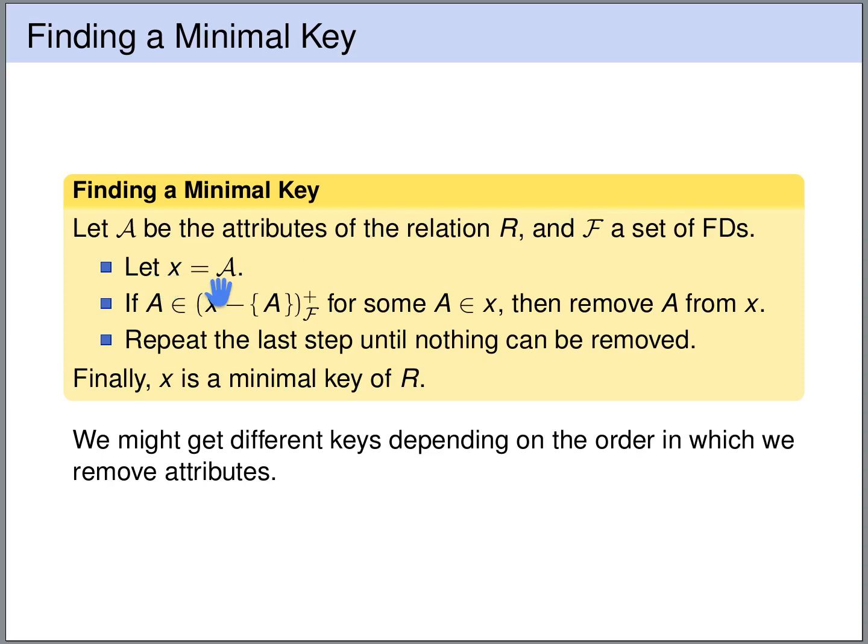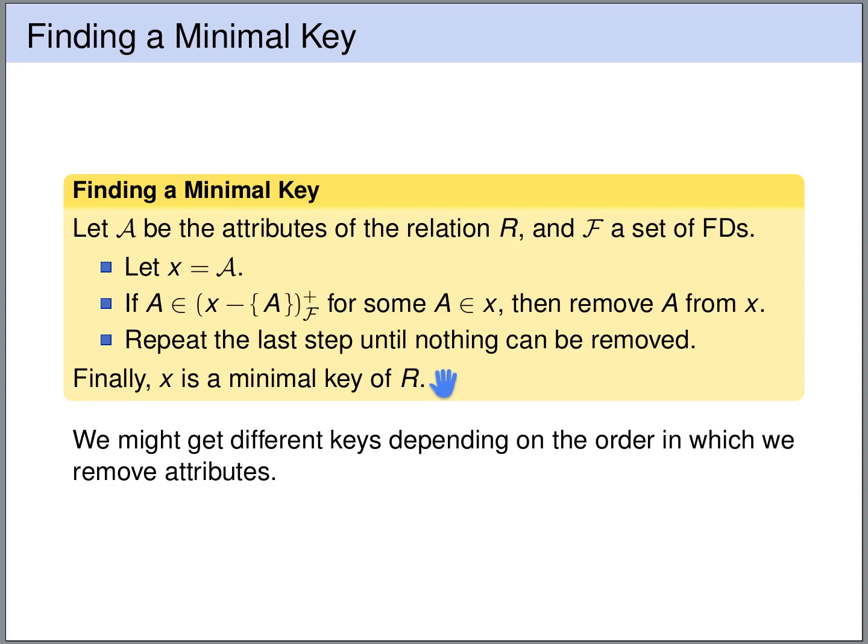And then we check whether we can remove an attribute from X such that this attribute that we remove is still in the cover of X. So this means that we didn't need this attribute because it anyway is in the cover. And if so, then we can remove the attribute A from X, and we repeat this step until nothing can be removed anymore. And when nothing can be removed anymore, then X is a minimal key of the relation R.